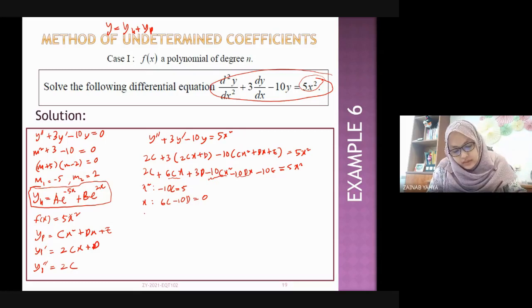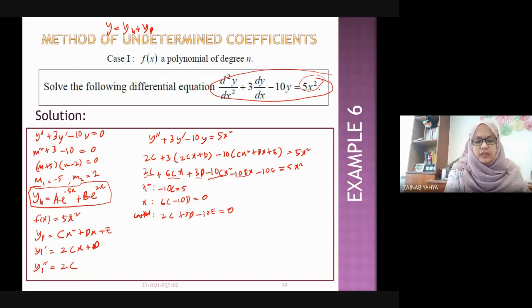And then the constant term, the term without x or x squared: 2c plus 3d minus 10e equals 0. So these are simultaneous equations that we need to solve.